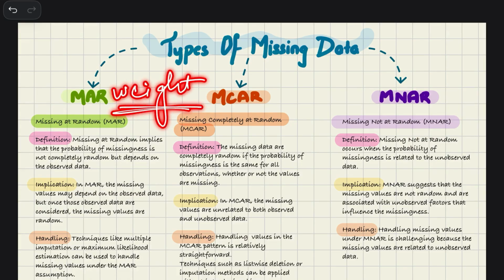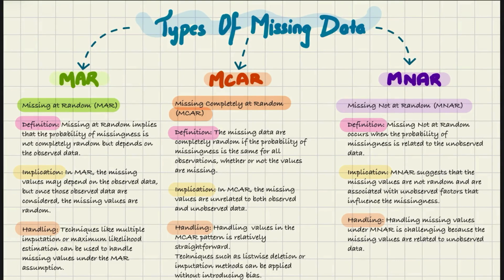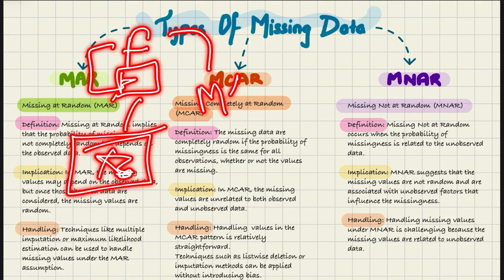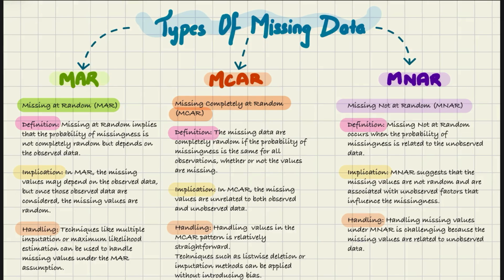Wherever no gender is specified, people are less likely to write down the weight. For example, females or those with no gender are not writing the weights, while those in the male category are writing the weight. So you see the missing values are behaving randomly within the recorded group only. This is missing at random.